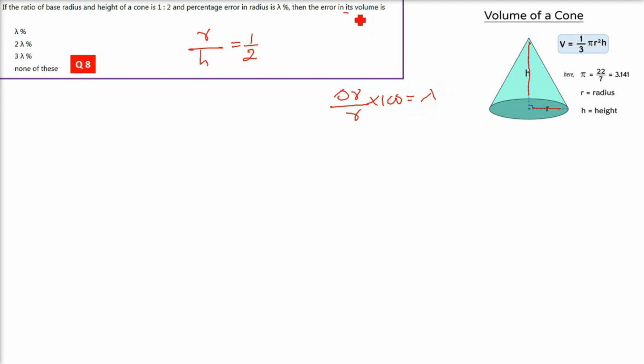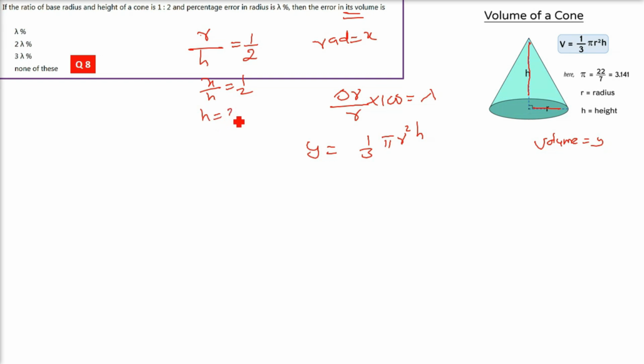We'll take it as delta x by x into 100 equal to lambda in a short while. Volume is 1/3 pi r square h. Let us call y the volume. Better to regard radius as x, and when radius is x, what will h be in terms of x?